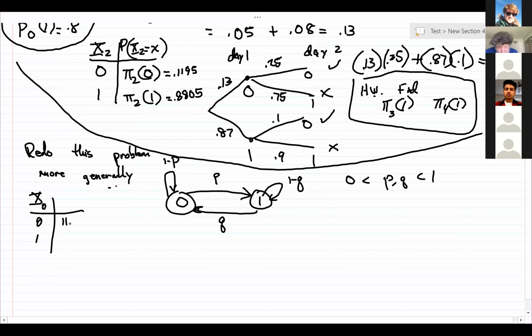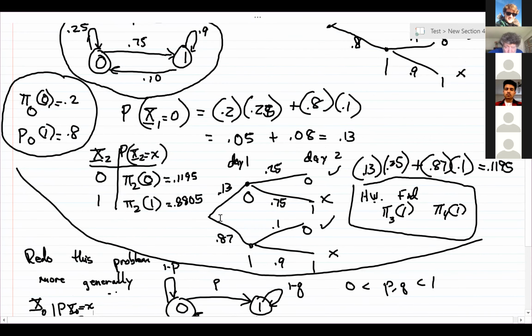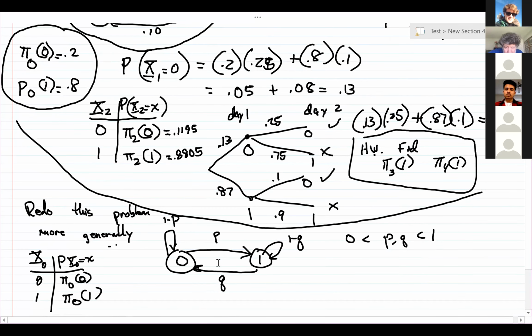This thing is pi 0,0. And this thing is pi 0,1, right? Okay, so now redo this whole problem, replacing this. Before this was 0.2 and 0.8, right? But now just call these things. Before this was 0.75 and this was, I forgot already, 0.1. But now call them P and Q.